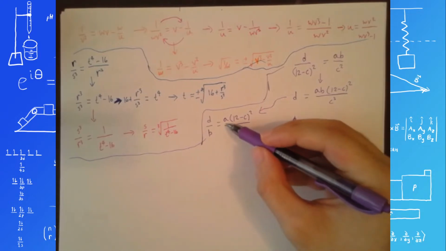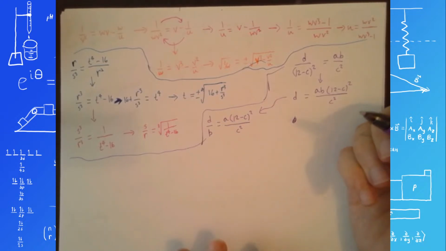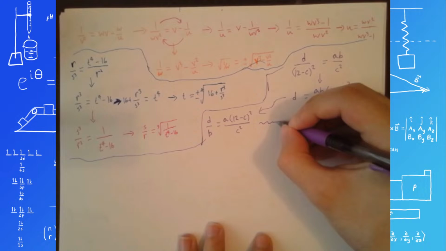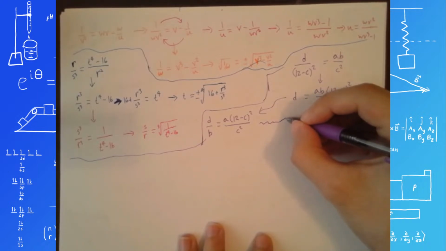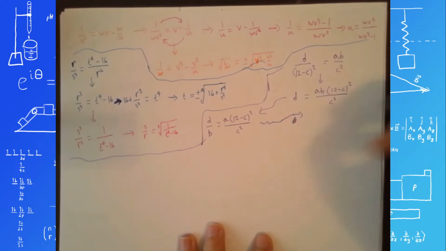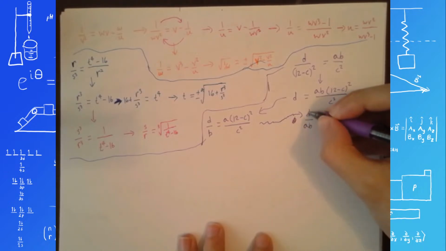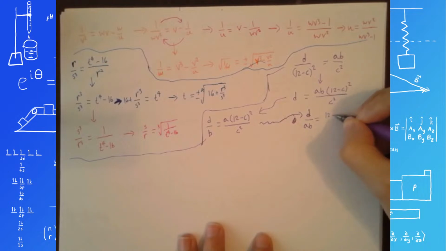So what I'm going to do is divide by a, and that's going to get me to d over ab equals 12 minus c squared over c squared.